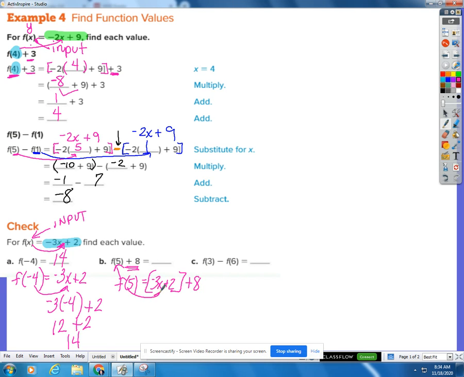I'm going to take that 5 and plug it in for x, and go ahead and write out your expression and what you have. So I'm doing all of this first before I add that 8. Negative 15 plus 2 plus 8, negative 13 plus 8, and that gives us negative 5.